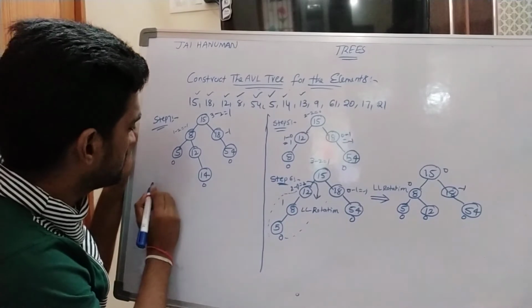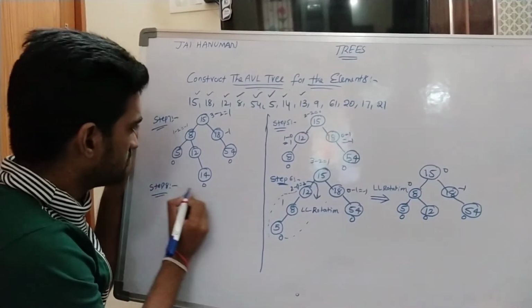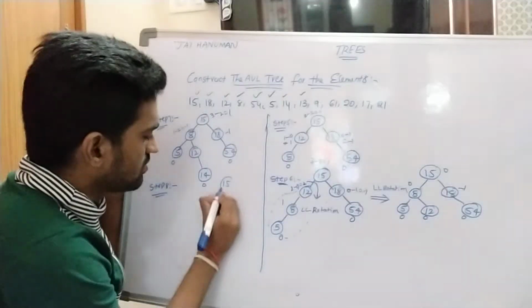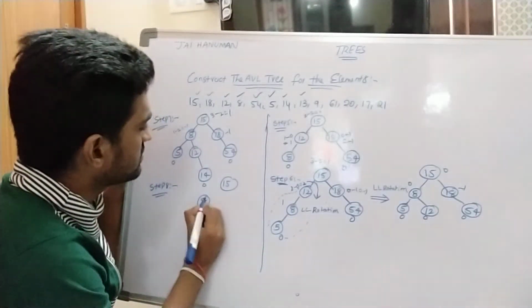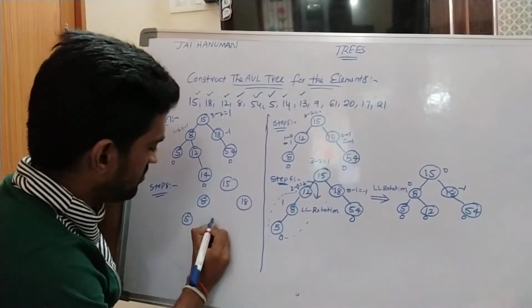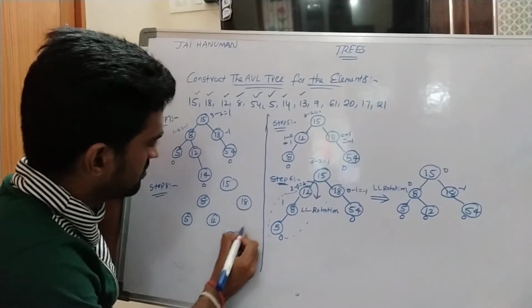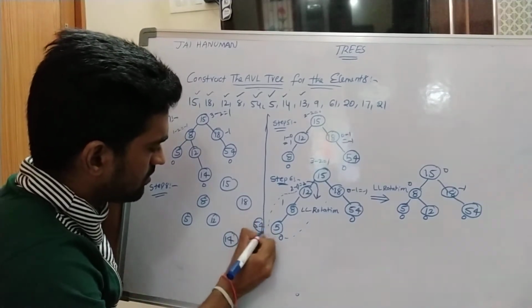Right? So now the tree becomes step 8: 15, 8, 18, 5, 12, 14, 54.